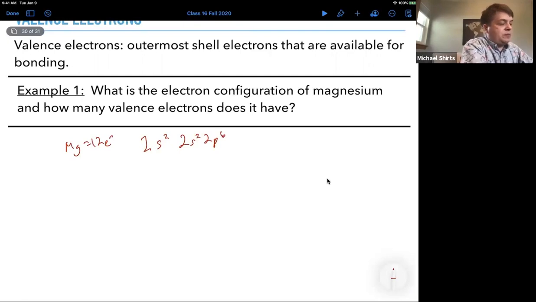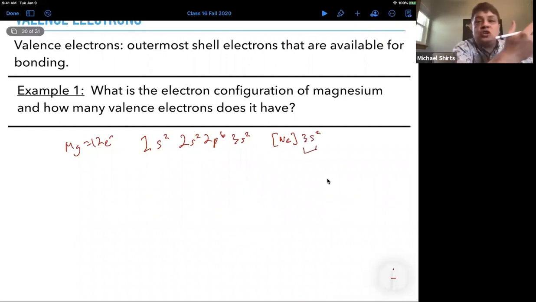How many are we up through? We're up through 10. Okay, let's keep going. 3s2. Yes, we've built up to 12 electrons. That's the electron configuration. The condensed electron configuration is neon 3s2. There are 2 electrons in the outer shell, and therefore we have 2 valence electrons.